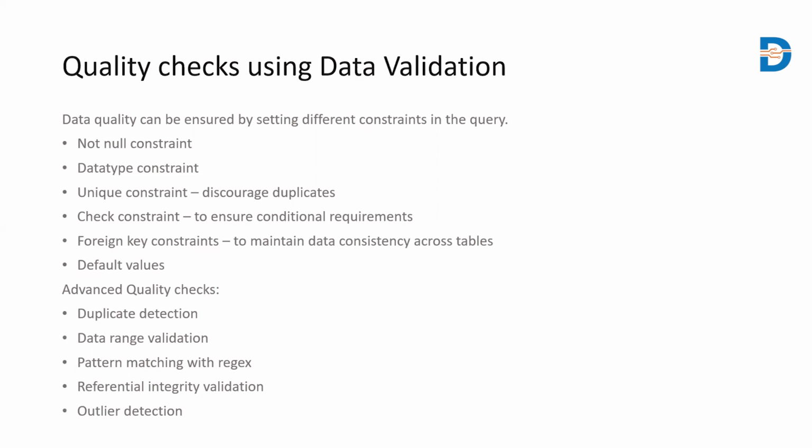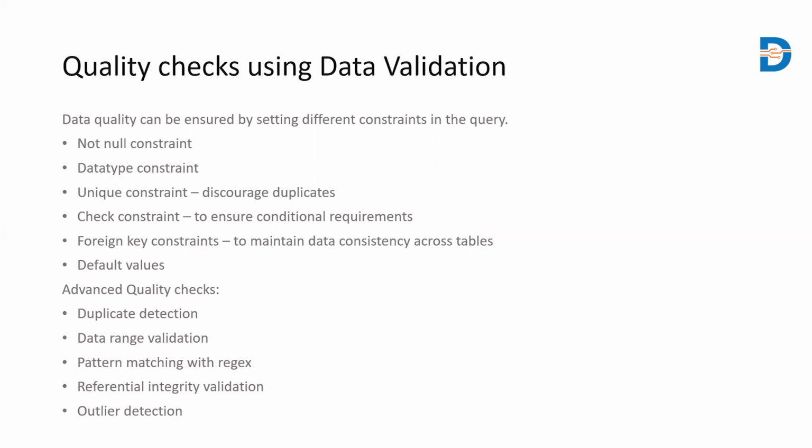This ensures that values in a column match values in a related column from another table, which helps to maintain data consistency across tables. Default values can also be given if the user doesn't have any input for a field. You may specify a default value to fill in that column.